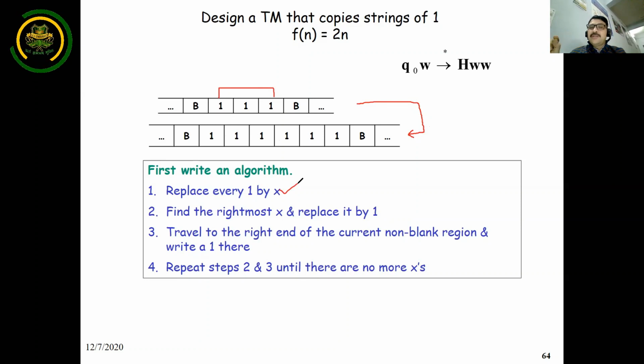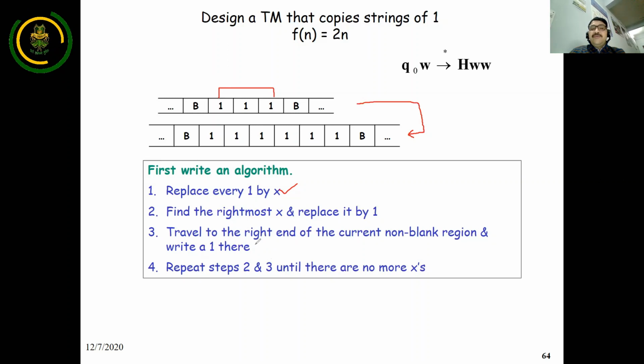All the ones we have to convert into x, right? Find the rightmost x and replace it with 1, at the time of traversing back towards the left side, and then traverse to the right end of the current non-blank region and write the 1 there, right?